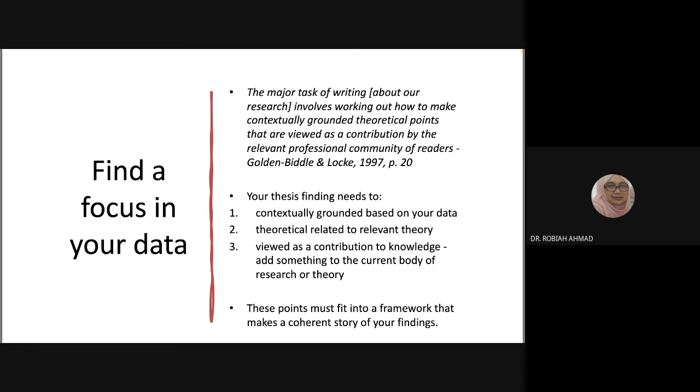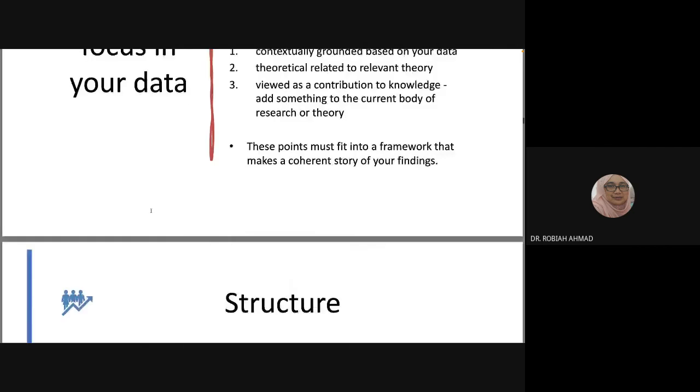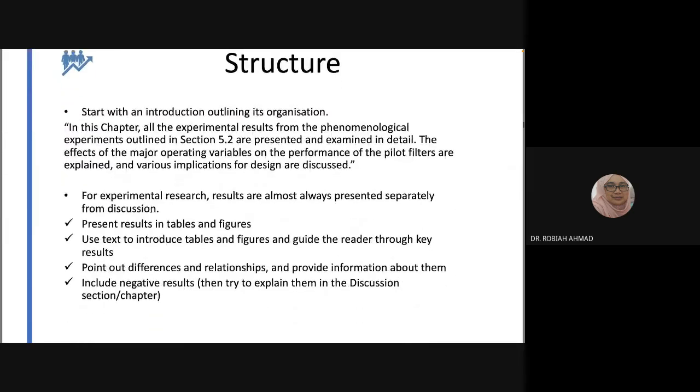These points must fit into a framework that makes a coherent story of your findings, because actually a thesis is writing a story, a research story. So in chapter 4, you have to fit into whatever story you started earlier. Any questions so far?